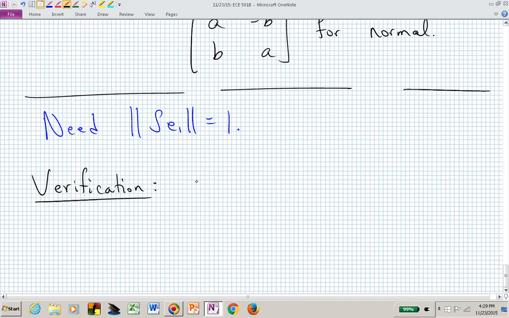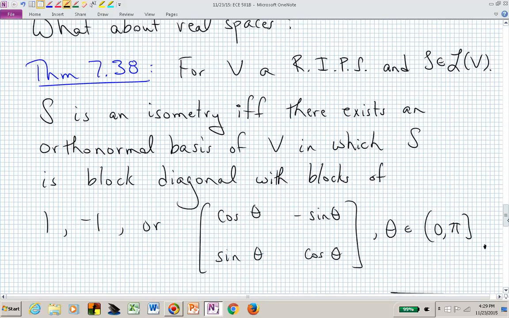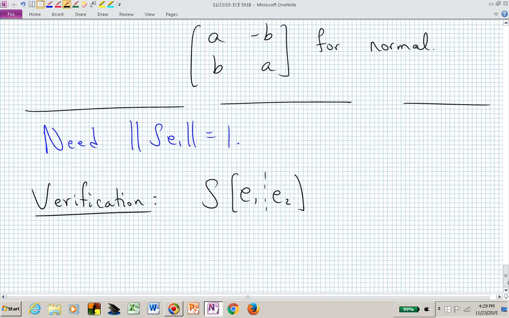Here's our verification. So we know that if we had this isometry S and we had two vectors that are orthonormal, we have an orthonormal basis. E1 and E2 are the pair that we're interested in.